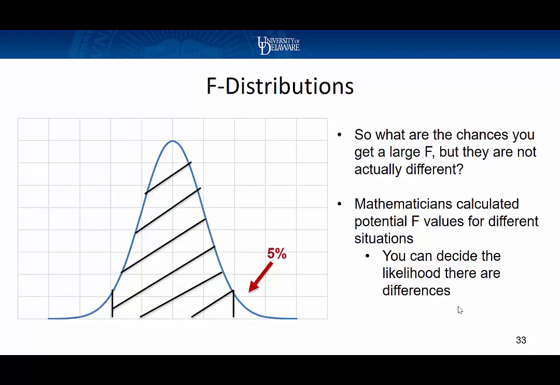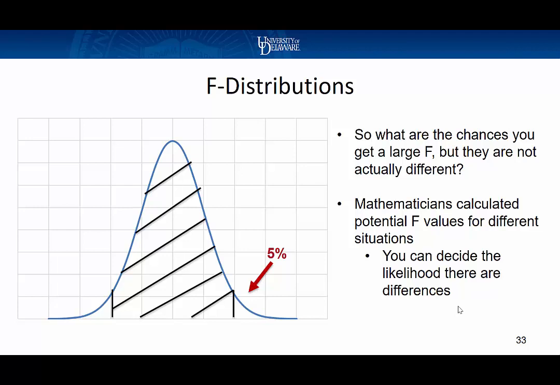What they figured out with all of this is, mathematicians came up with what they call an F distribution, which means what are all the potential outcomes from using this equation. Without your data, just what are the potential outcomes and what are the chances that this number comes up.